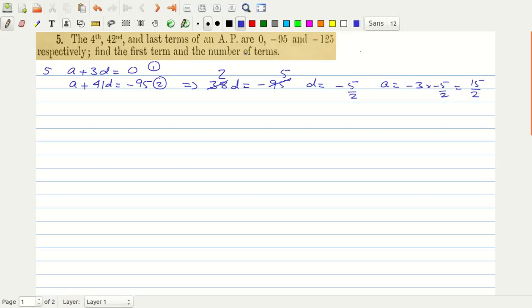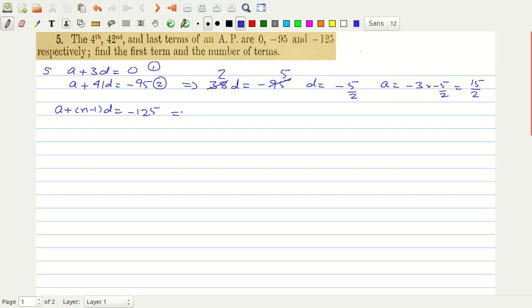Once we know a and d, we can use this for the third equation, which is a plus n minus 1 d is equal to minus 125, right.